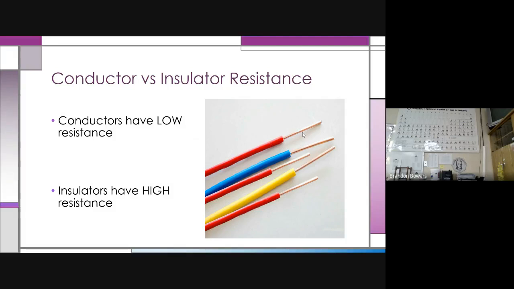There was so much resistance, it resisted the flow of electrons. Whereas a paper clip, did the paper clip conduct electricity? That would be a conductor. It conducted electricity. That's the difference between the two. Conductors, low resistance. Insulator, high.